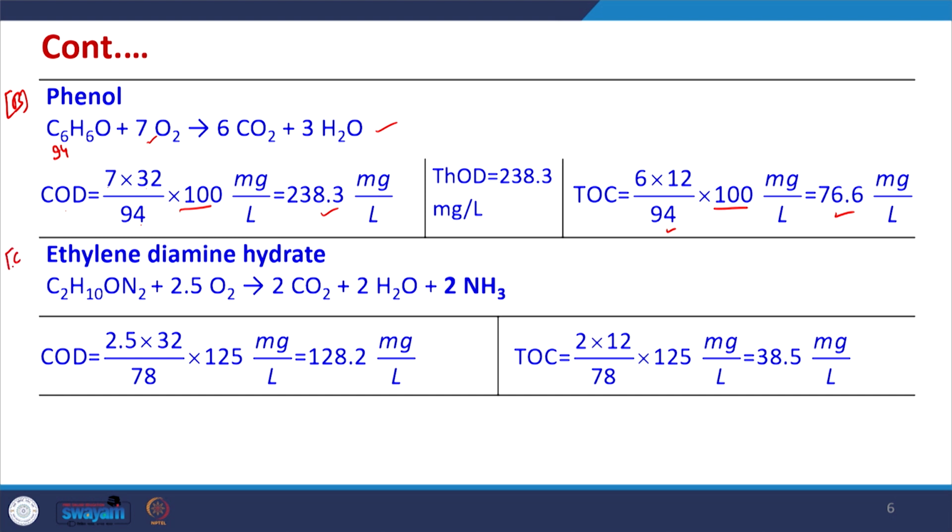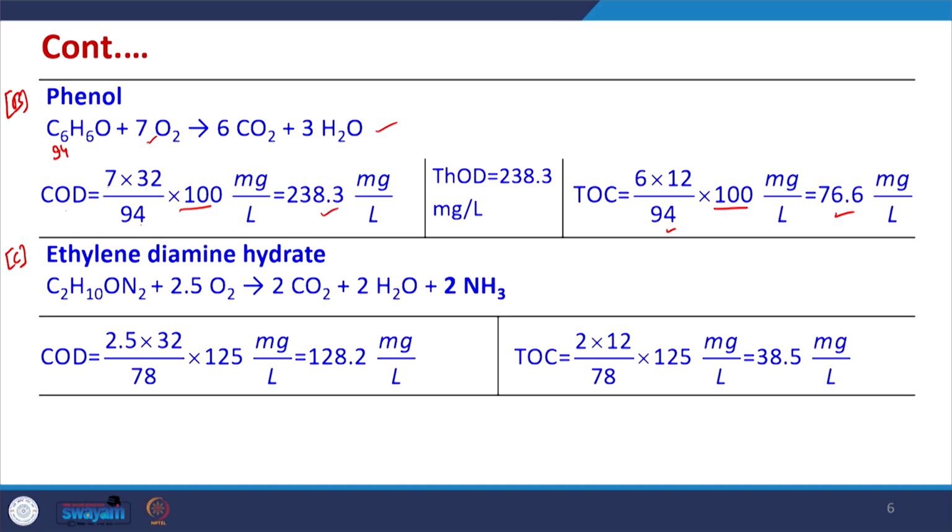Now, going further, for ethylene diamine hydrate, this is where the difference will come. Remember, for COD and for THOD, in the previous lecture we studied that when we write a balanced equation for COD, nitrogen is always converted only into ammonia, whereas for THOD we convert the nitrogen into HNO3.